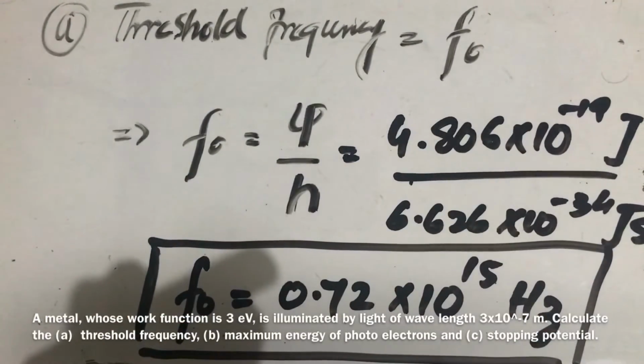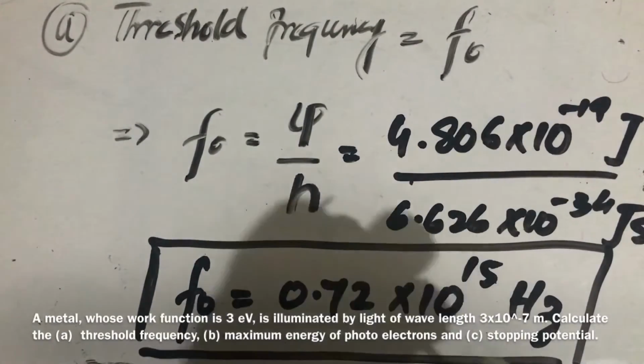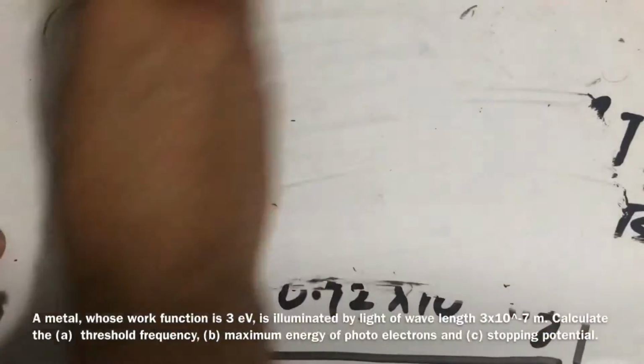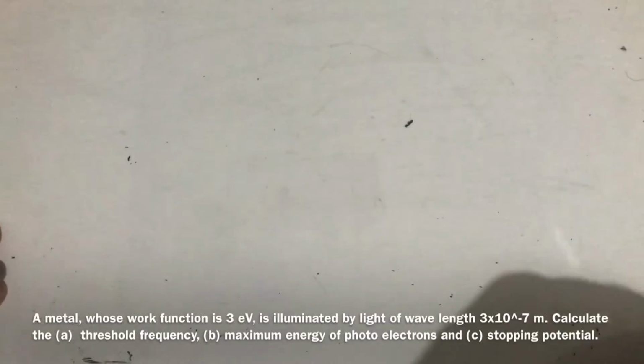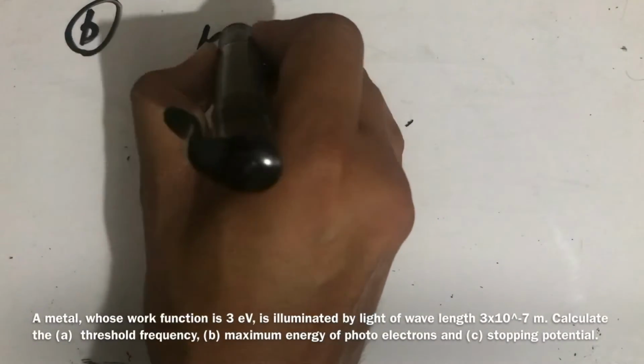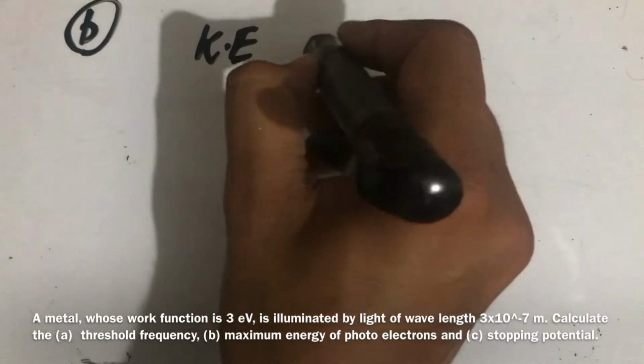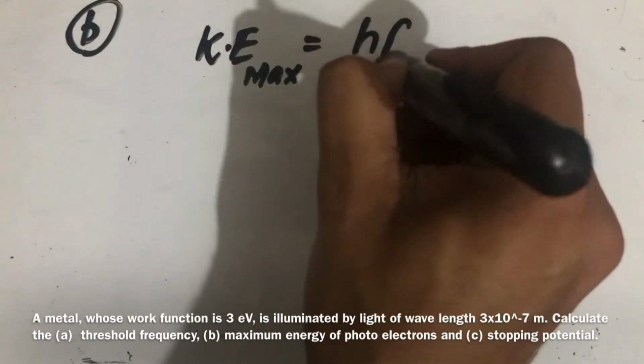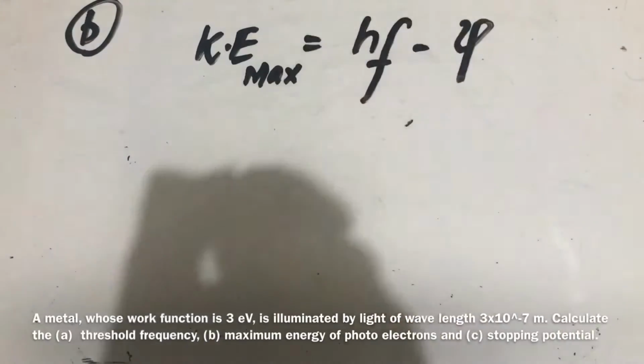Now we have to find part B, which is the maximum energy of the photoelectrons. We know that kinetic energy maximum is equal to hf minus the work function.